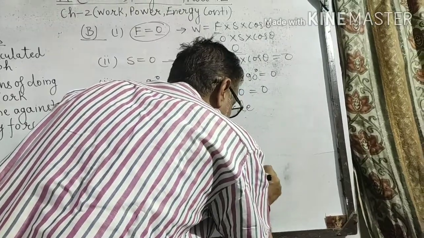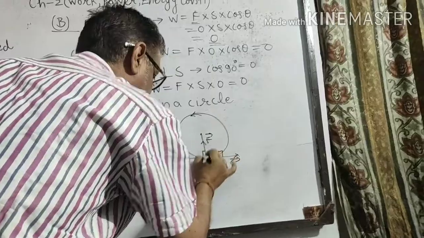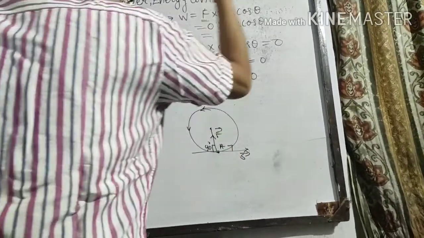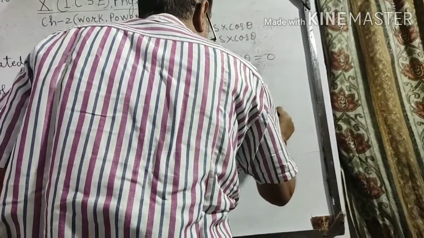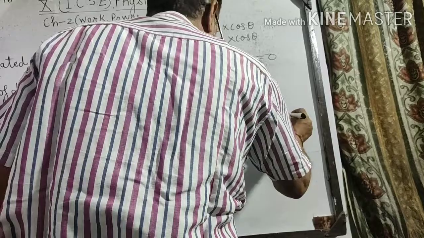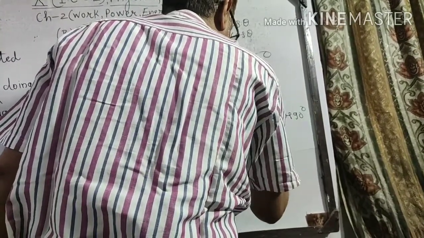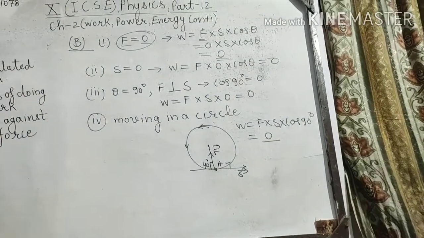The tangent represents the displacement, and the angle between them is again 90 degrees. So the case is the same. Force is there, displacement is there, but since the angle is 90 degrees, cos 90 degrees gives work zero.